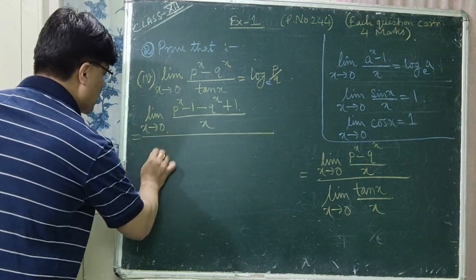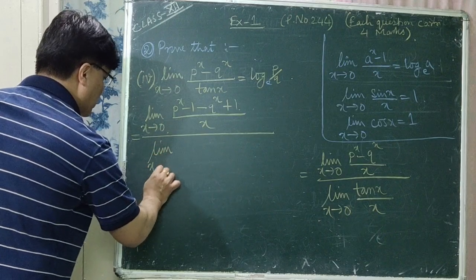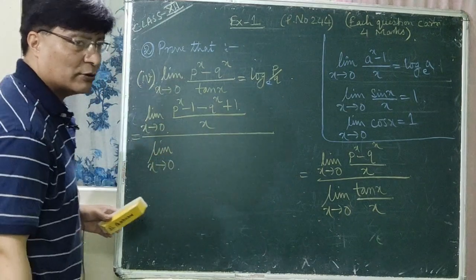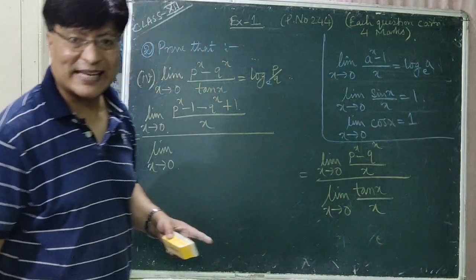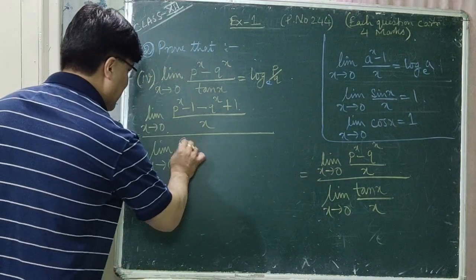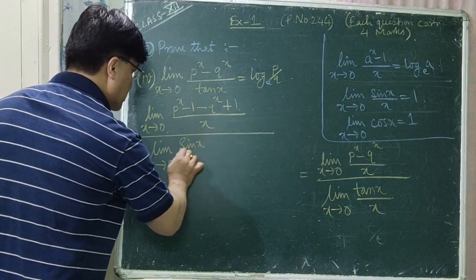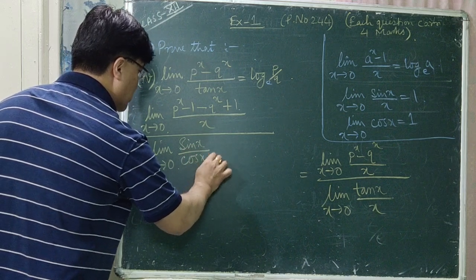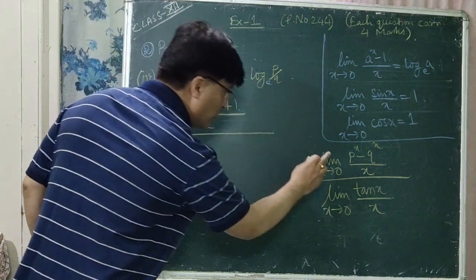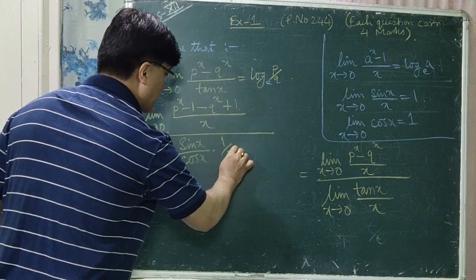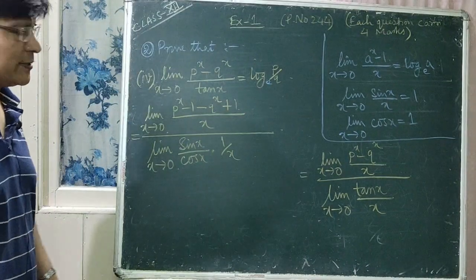Now in the denominator also you have to simplify it. This is limit x tends to 0. How will you write tan x? It is sin x by cos x, so this is sin x upon cos x into 1 upon x.